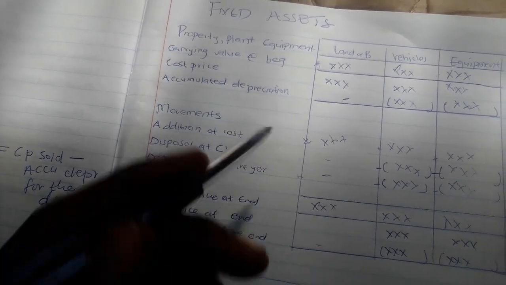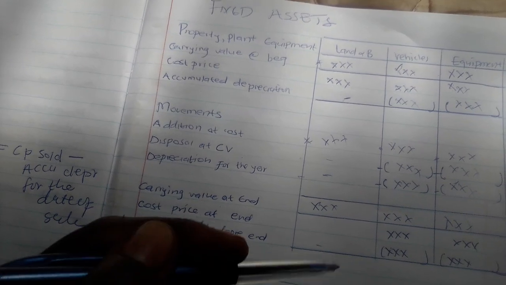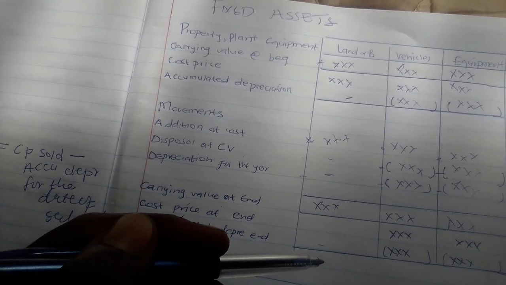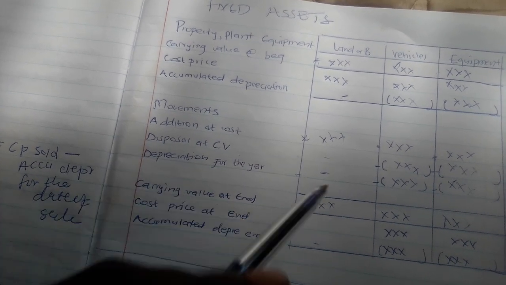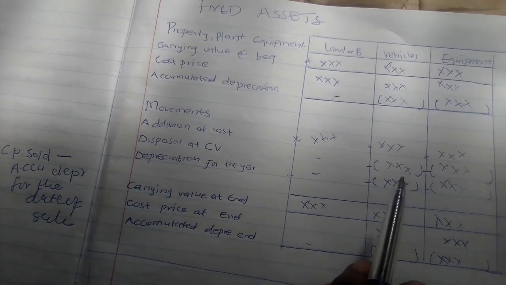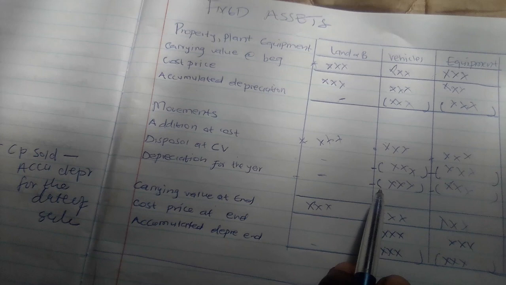Then thereafter, we calculate the remaining depreciation. Therefore, we add them together, and it will give us the depreciation for the year.